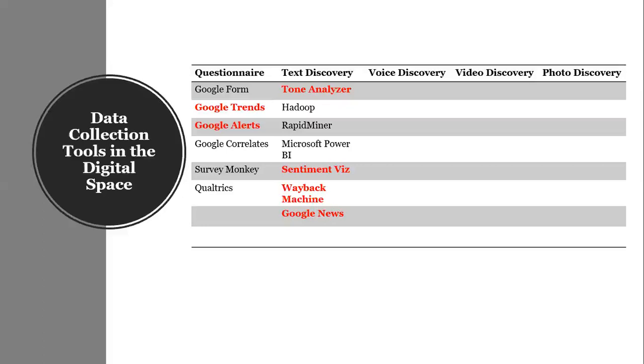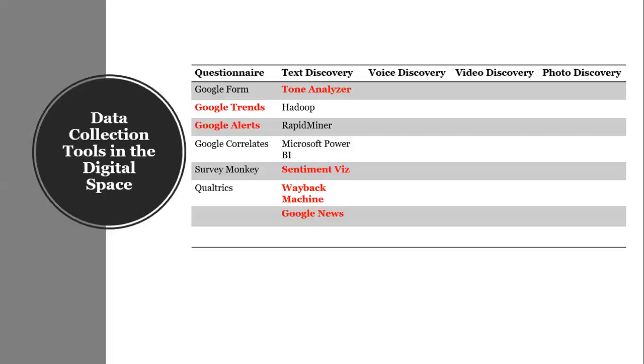Now we also have text discovery. We have the tone analyzer. The tone analyzer helps us determine emotions. I want to know the language tone in a particular post, comment, or headline. So the tone analyzer is very useful for that. We have Hadoop.